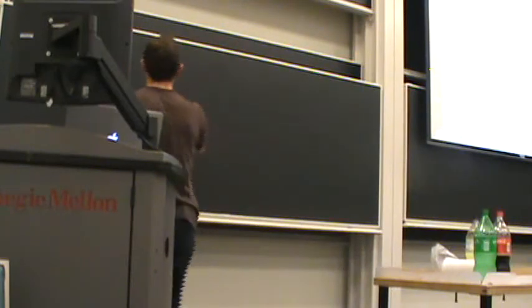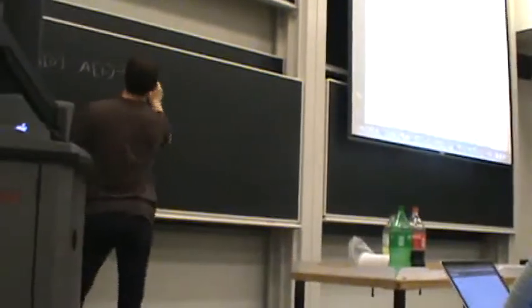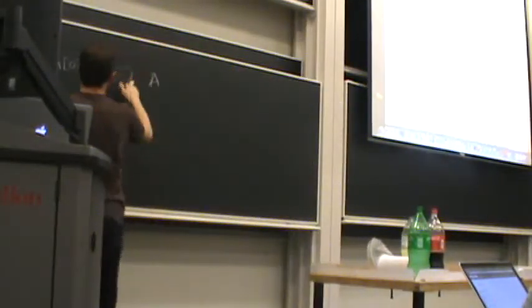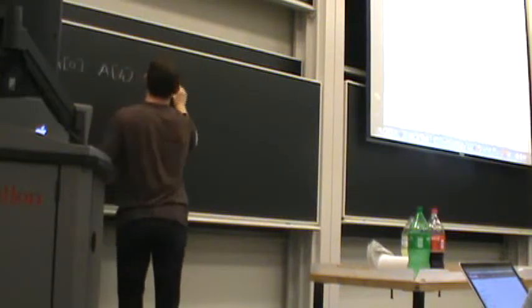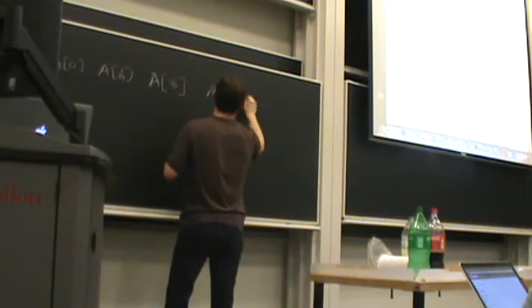But so let's say your array is like this, right? What you're doing is accessing A0, A1. Is that true? No. A0, A4. Yes. A0, A4, A8, let's say A12, right?